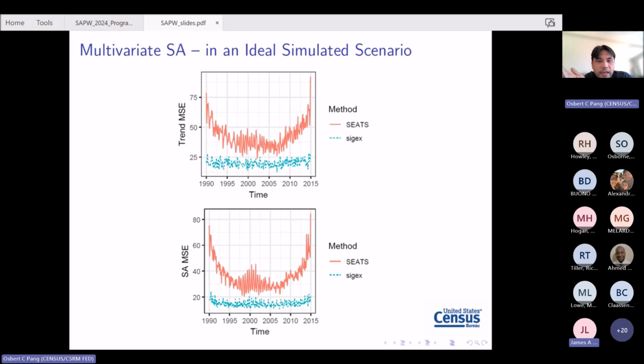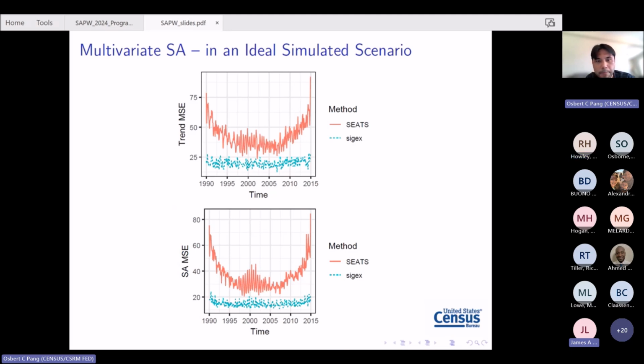So this is an example of what might happen in an ideal simulated scenario. That is, we take a simulated series, or a bunch of simulated series rather. We do a couple of univariate adjustments using SEATS in this particular case.